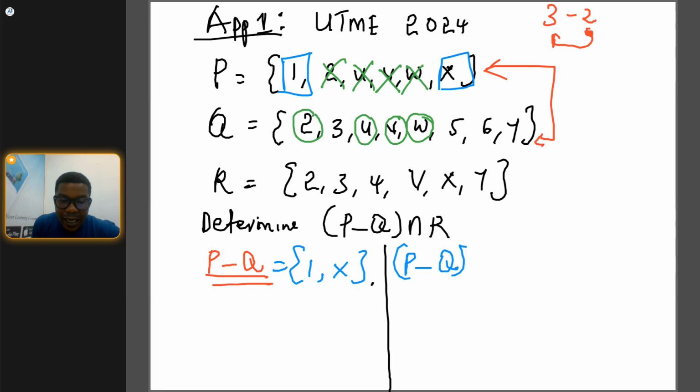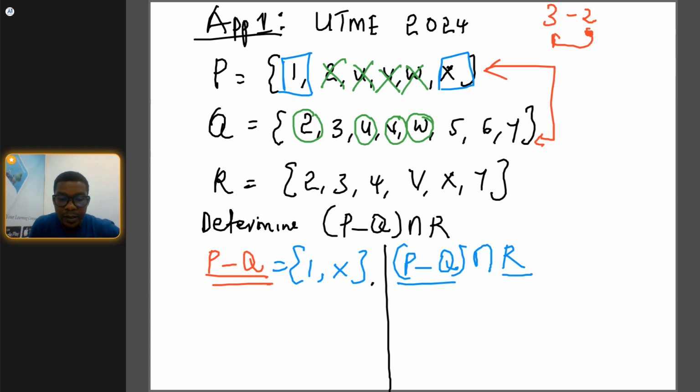Now the intersection with R. All you need to do is compare the answer for this with the elements in R. Intersection means common elements in 2 given sets.